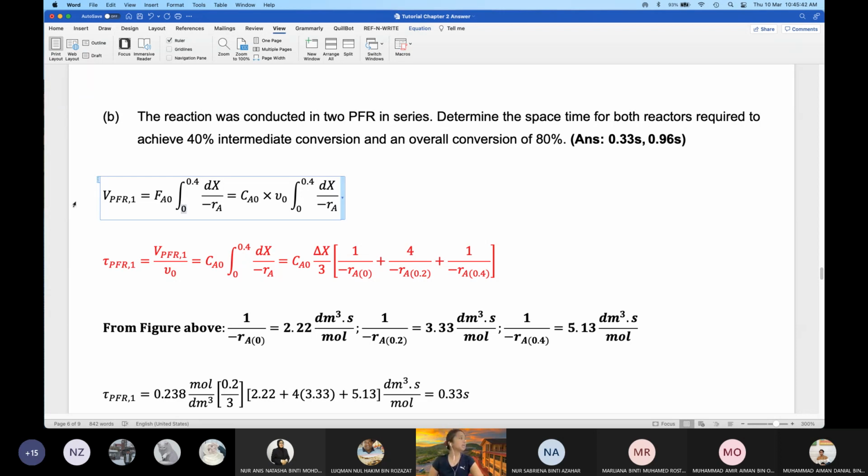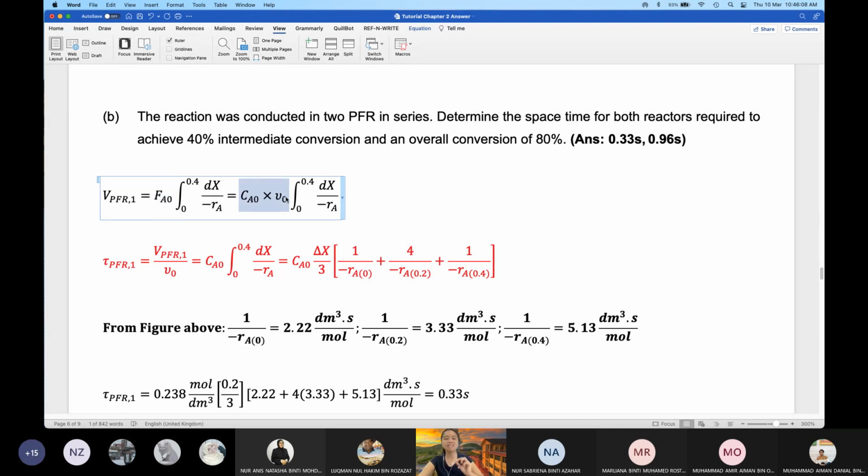Okay. So if you check this first part of the equation, part yang depan, volume tu kita dah ada. Saya nak cari tau, saya tahu kena ada initial volumetric flow rate. Volume saya dah ada, tapi initial volumetric flow rate saya tak ada lagi. Tetapi kamu pernah ingat, molar flow rate FA0 ni kan sama dengan CA0 multiply with V0.